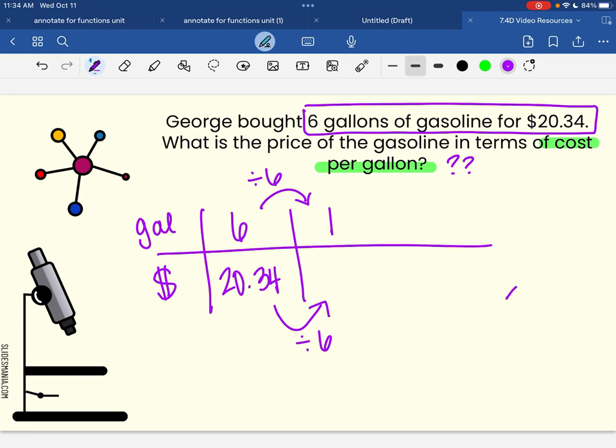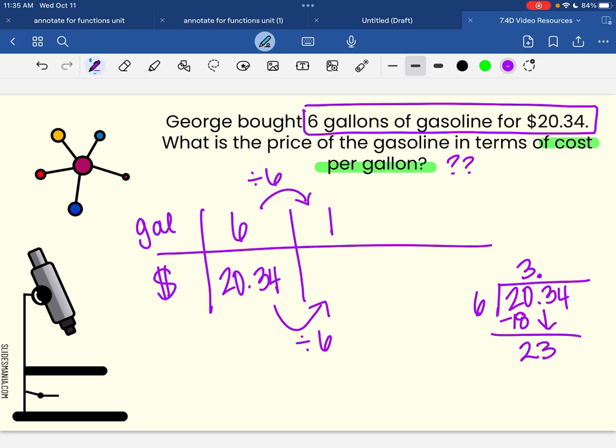I'm going to come over here and do some long division. I see that 20 divided by 6, I can fit 3 groups of 6 in there. So I take away 18, and I'm left with 2 ones. Now I bring down my tenths, so now I have 23 tenths.